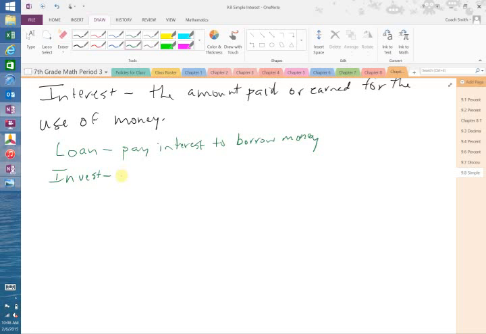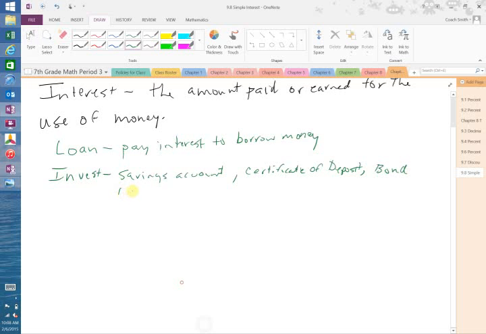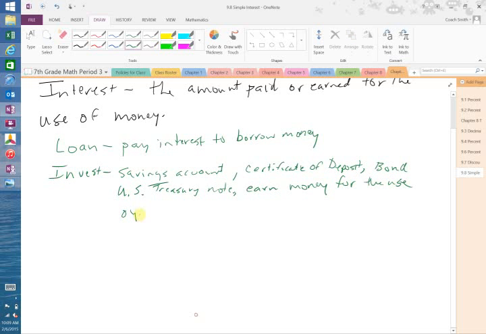In those where we invest, like a savings account, a CD or certificate of deposit, a bond, or a U.S. Treasury note, which used to be popular, not as much now, all those things are investments, and in that you earn money for the use of your money.